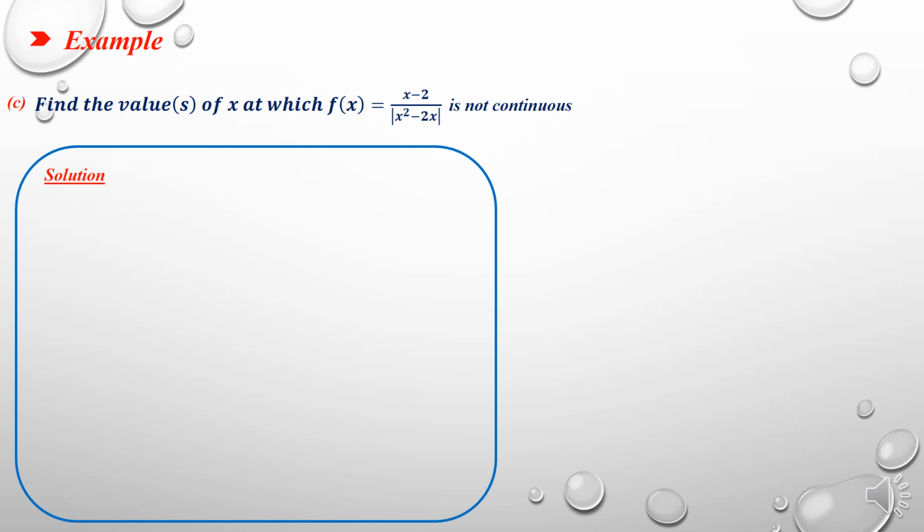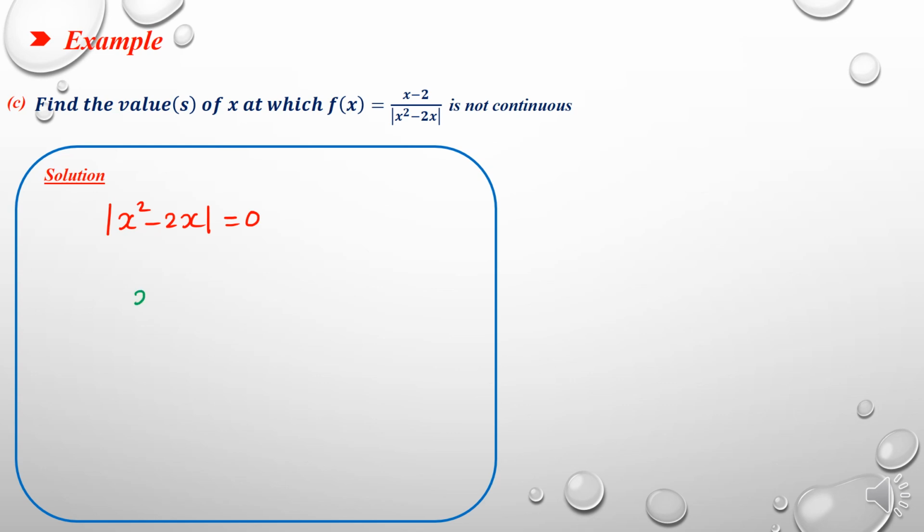So first you have to check the domain, and you have to deal with the denominator, and you have to put the denominator equal to 0 to know where the function is not continuous. So the idea is absolute value of x squared minus 2x equal to 0 only. And if you have absolute value of something equal to 0, this means the quantity inside the absolute value is equal to 0.